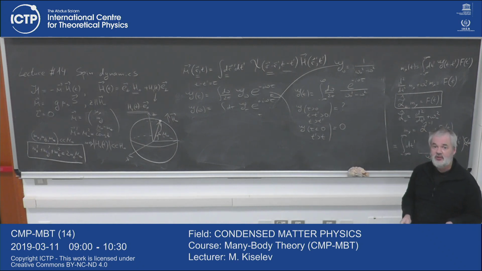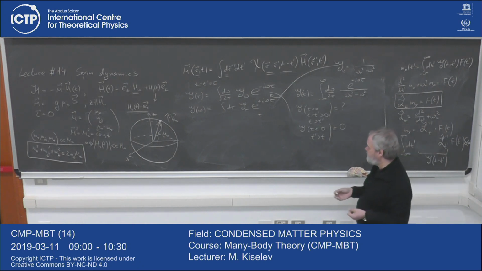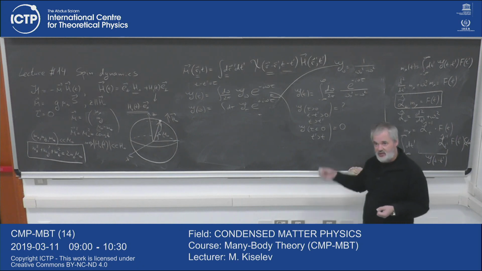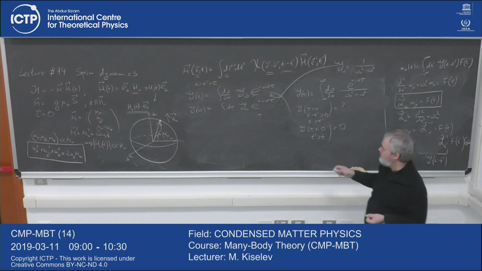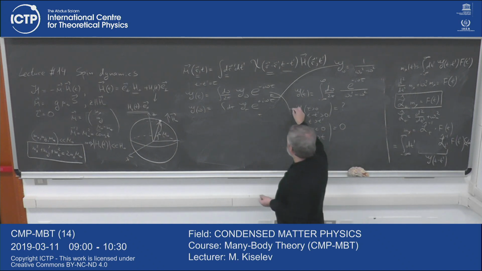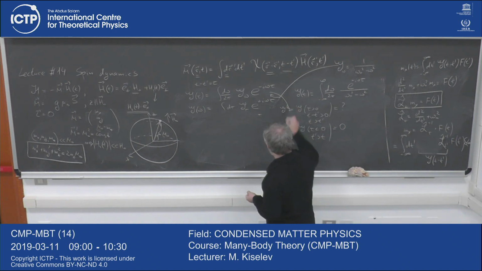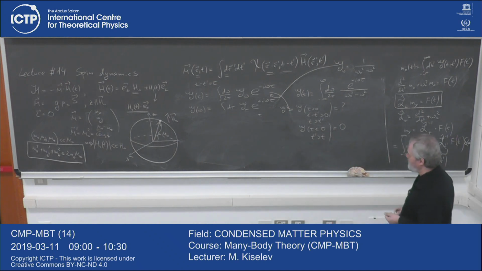This is how the response function works. It means causality, and in the literature the function defined like that is sometimes called the retarded Green function, and even an index r is put. R means retarded.